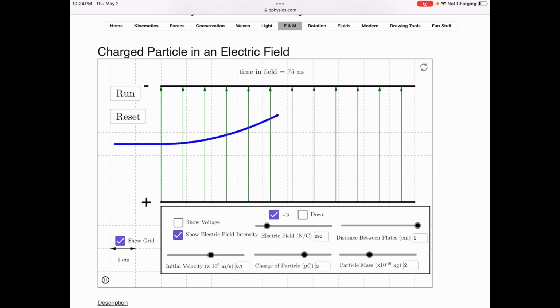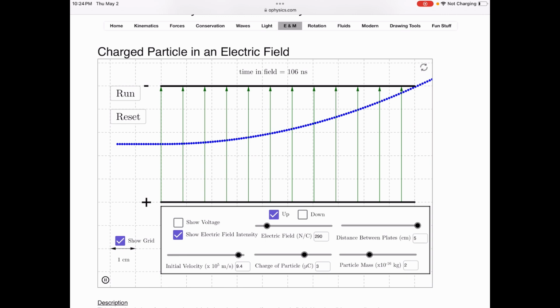But again, since that acceleration is still the same, it's still going to be pulled up to that top plate in a given amount of time, right? What we're looking for here is the horizontal speed that could cause it to actually clear the plates.